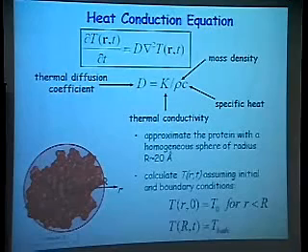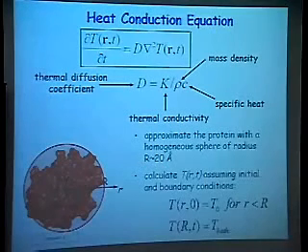Now, we approximate our protein with a sphere of radius r, about 20 angstroms, and we are going to solve this partial differential equation. We don't really have to solve it because it is a well-known problem. These sorts of problems were solved 200 years ago, and we are going to use the solution for this particular boundary and initial condition.